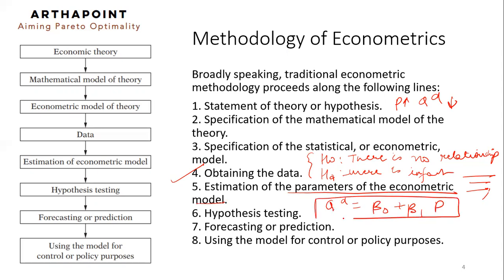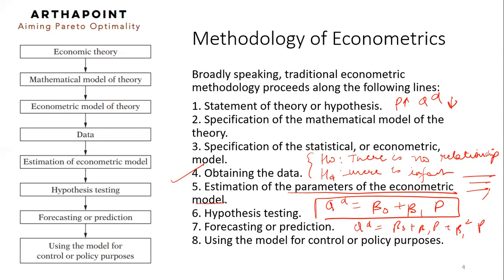There is a relationship between quantity demanded and price, which is a linear relationship, or the relationship is actually quadratic, or whatever model I think would suit my data best.